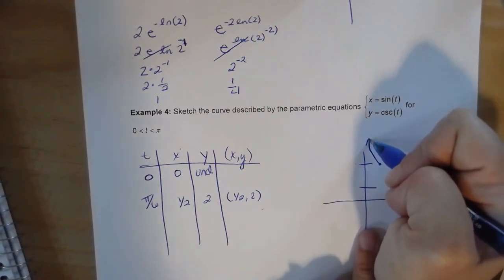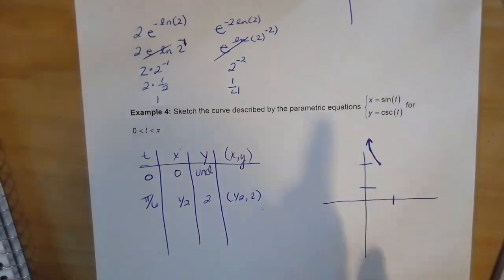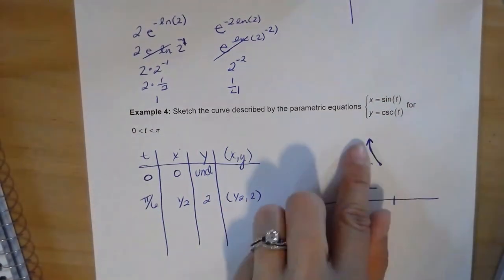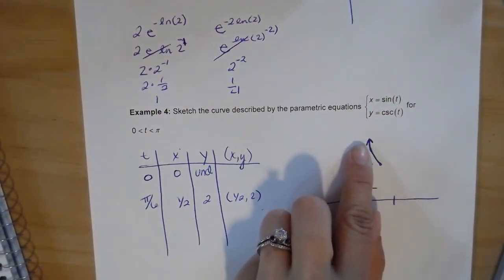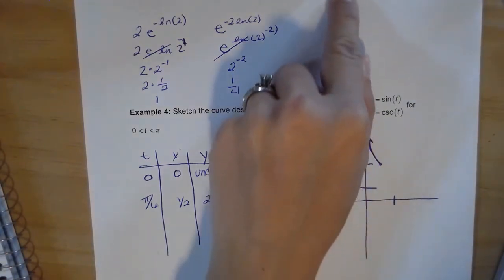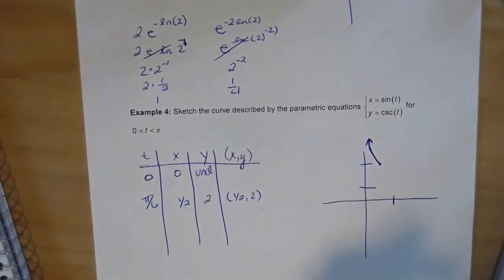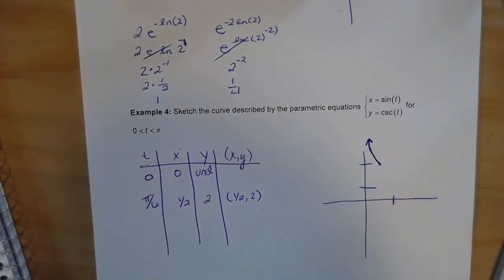So it gets really, really close, but it never touches. Now, here's the idea. This arrow right here is not the direction. This arrow is actually where it's starting. It's starting really, really close to 0, all the way up there, but it goes on forever. So that starting point we can't actually get to. Okay, so keep that in mind. That is not direction. When we do our next point, that's where our direction is going.